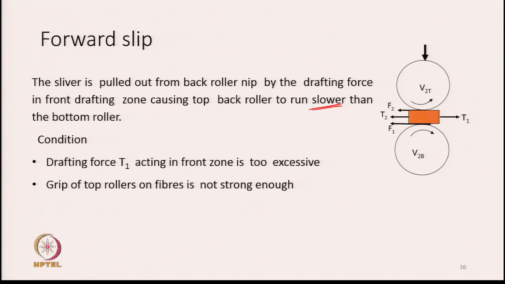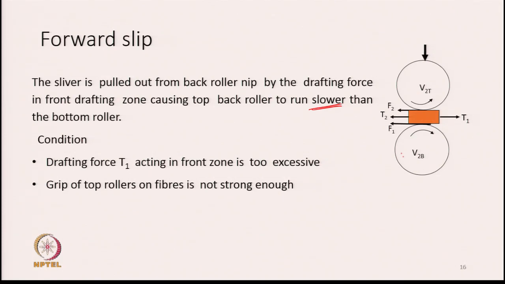Once the slip starts, the material will move at a faster speed. It will move at the speed of the rollers in front of it, and therefore the friction force on the material is going to act in the reverse direction.